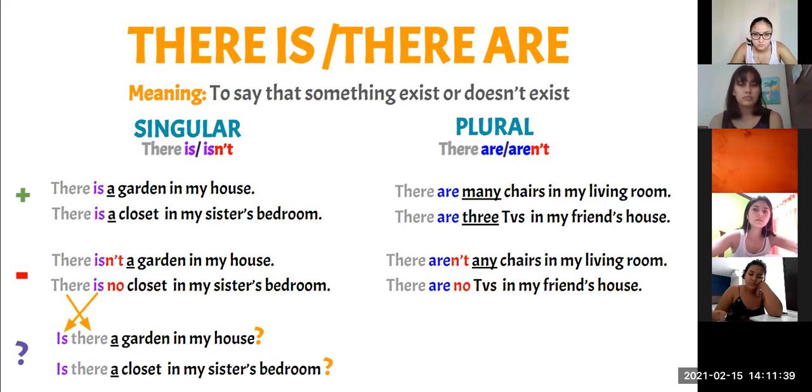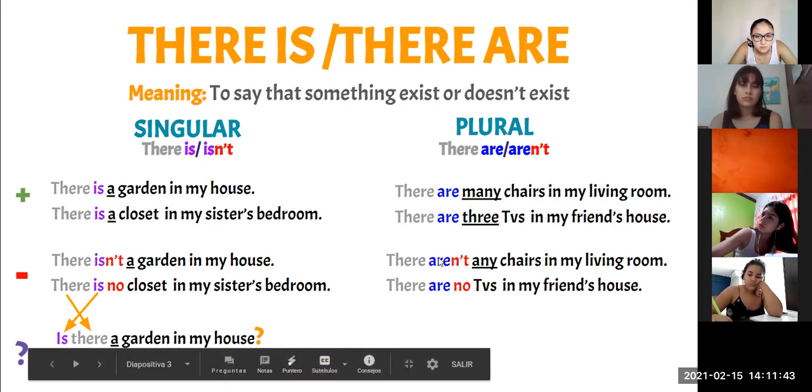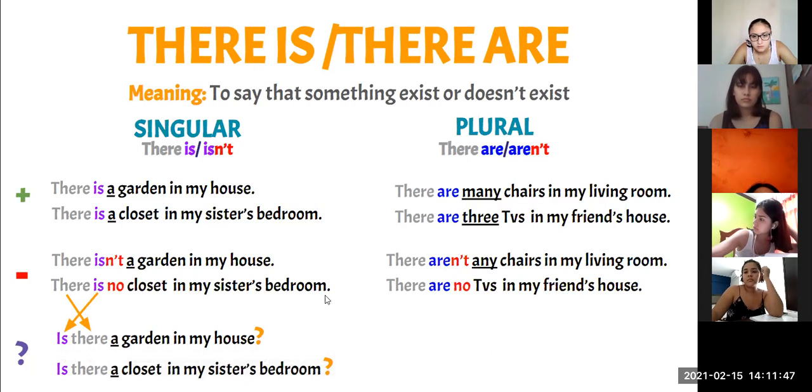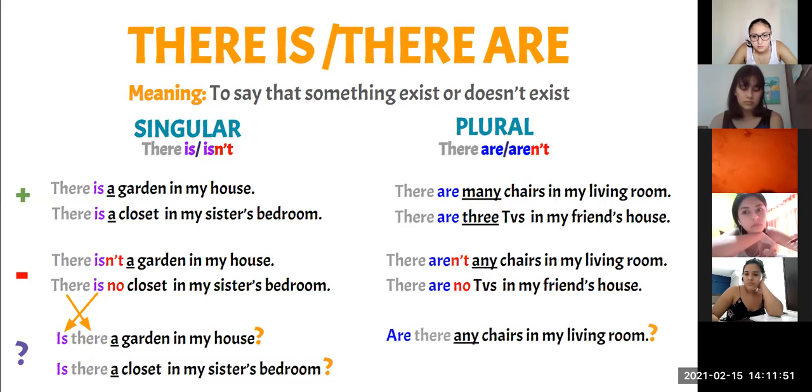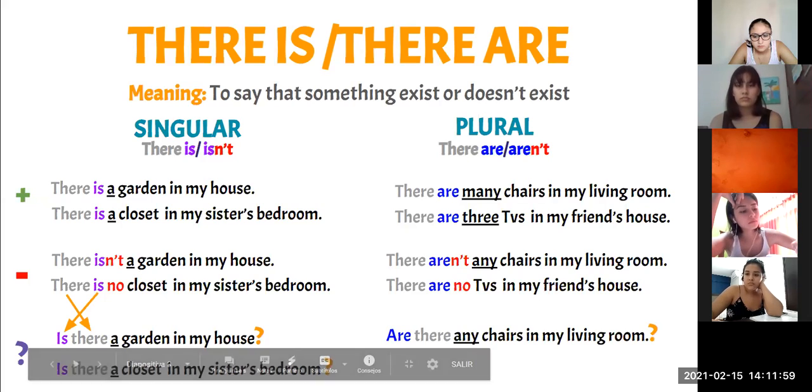What about the plural? What is my question in the plural? For example, are there many chairs in my living room? Are there many chairs in my living room? Remember that when we have questions, we always use any, right? For negative sentences and for question, remember?